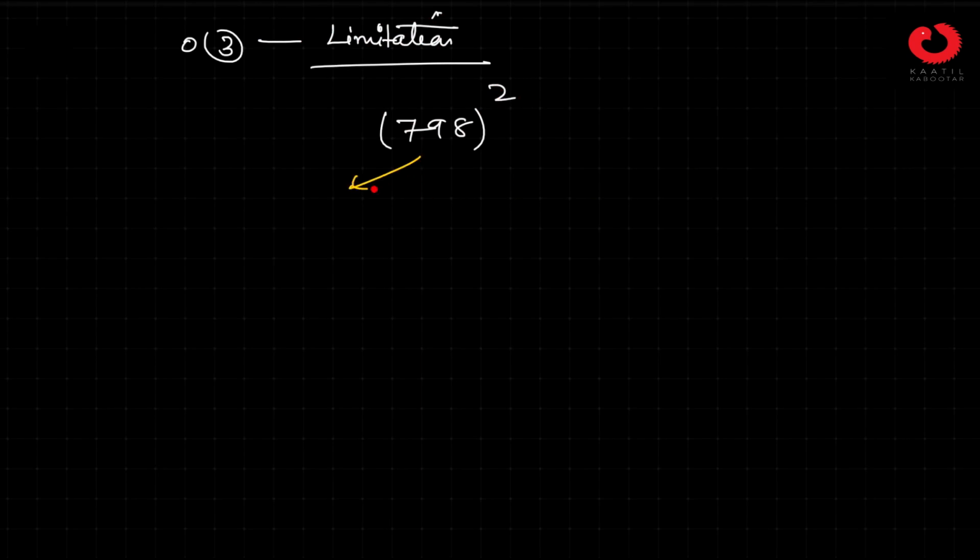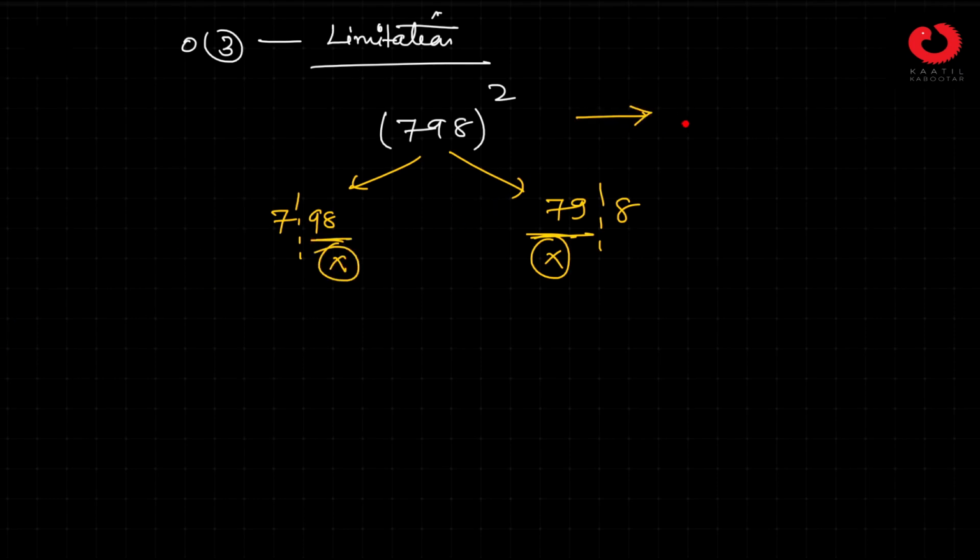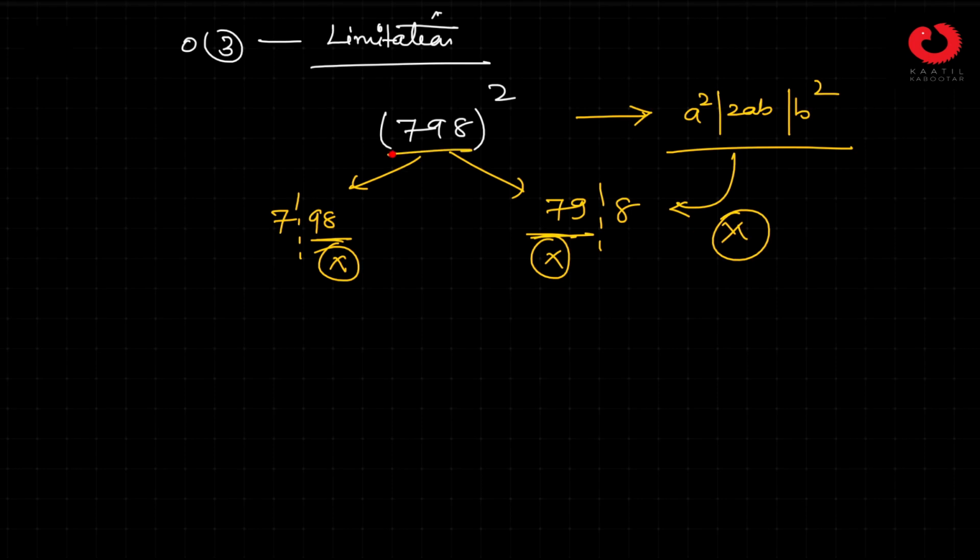Now you see, even if you make a partition over here, 7 bar 98, or you make a partition over here, 79 bar 8, in both the cases you don't know this number's square, and you don't know this number's square. So you will be trapped and you cannot proceed with this a square plus 2ab plus b square method.